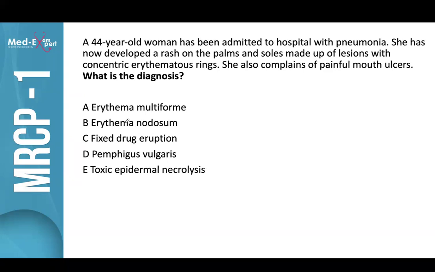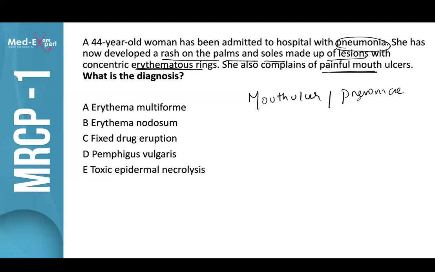A 44-year-old woman has been admitted to the hospital with pneumonia. She has now developed a rash on the palms and soles made of lesions with concentric erythematous rings. She also complains of painful mouth ulcers. How to connect the dots? Mouth ulcer, pneumonia, and a lesion of concentric erythematous rings.